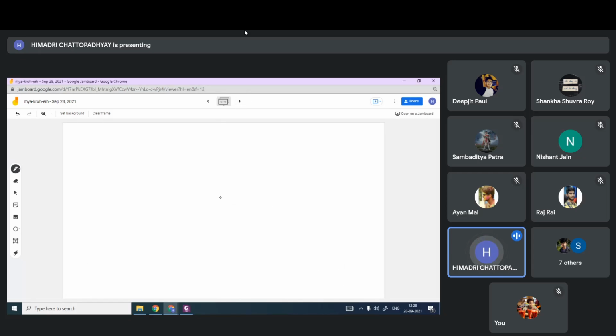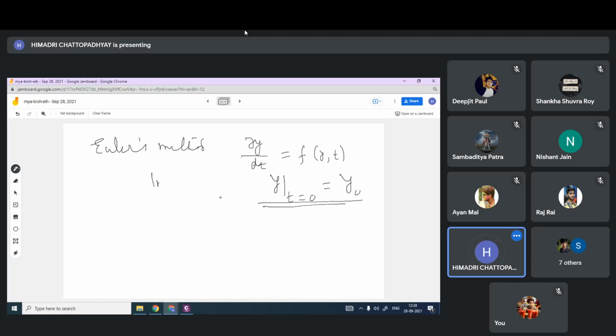Again, I am repeating that we have learned Euler's method, where dy dt is a function of y and t, with y at t equal to 0 being y0. That means given. So this is known as an initial value problem. I have given you a value of dy dt and you have to plot.